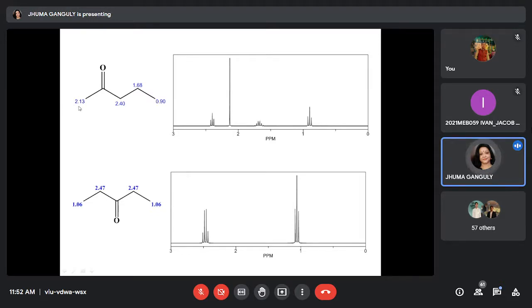And why is there this difference between 2.13 and 0.90? Both are methyl groups, but this methyl group is deshielded because of the direct attachment of the keto group. Electron withdrawing effect, deshielded, so it is shifted. And it has no neighboring proton, and you see the value is only a singlet.